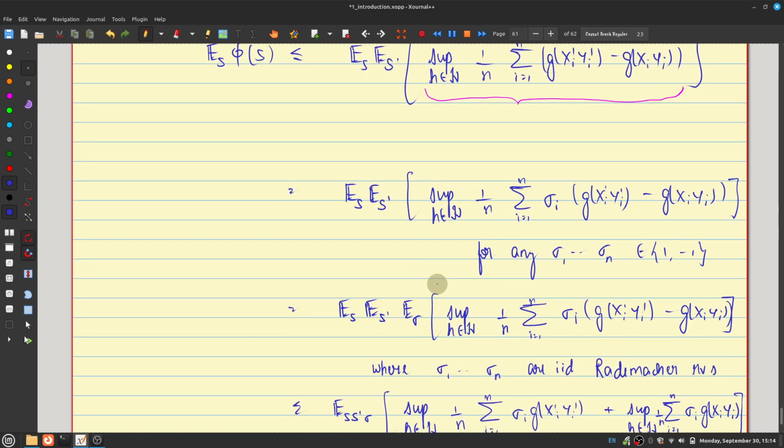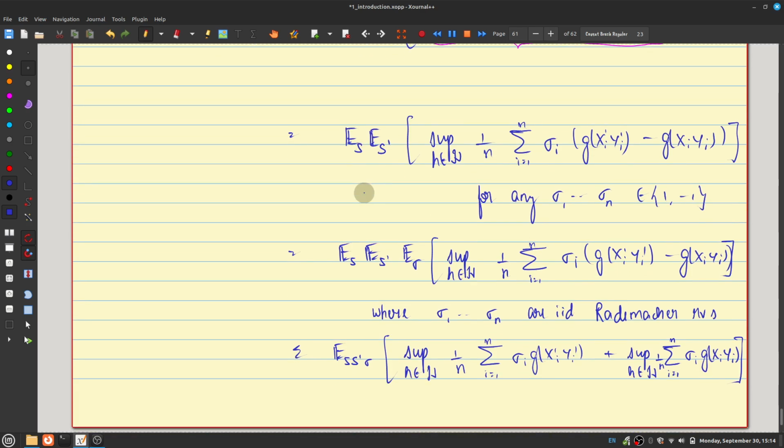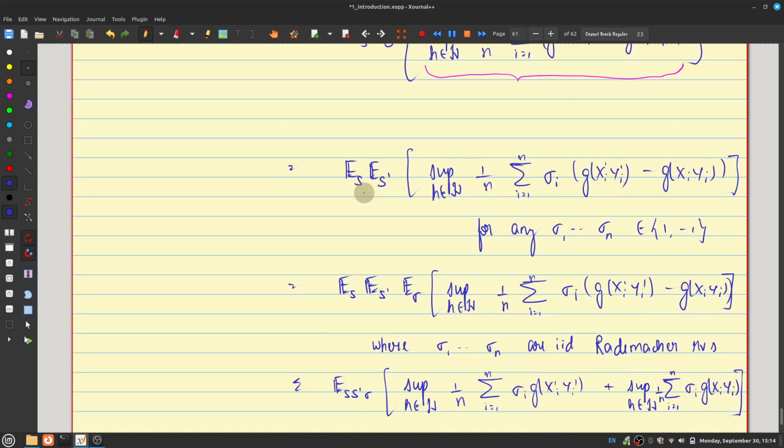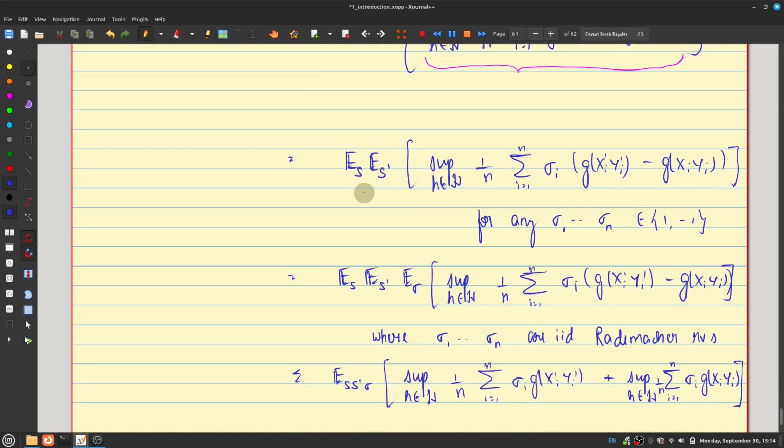Okay, so let's look at ultimately what I want to show. I want to show this expectation. Let's focus on suppose n is equal to 1.